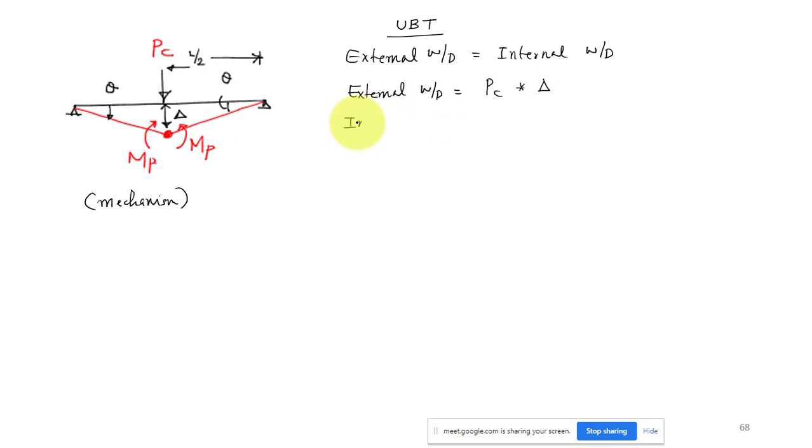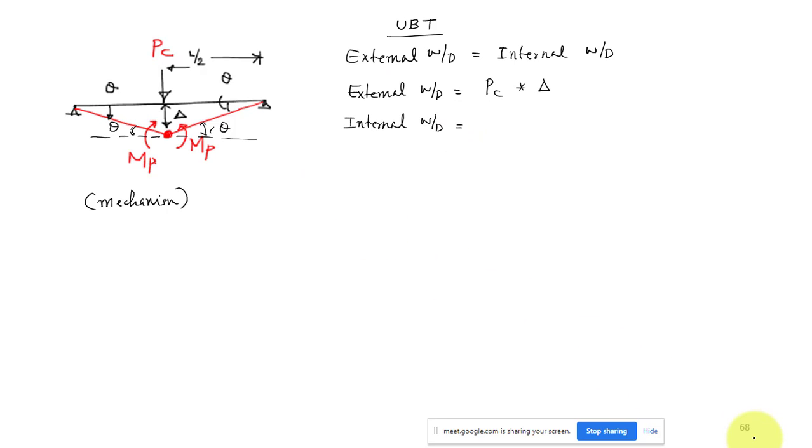Internal work done we will find like this. This is the plastic hinge formed, so here we have the moment MP. What will be this angle? This angle also will be theta, and this is also theta. Usually we take the plastic hinge moment MP to be there at the two sides.